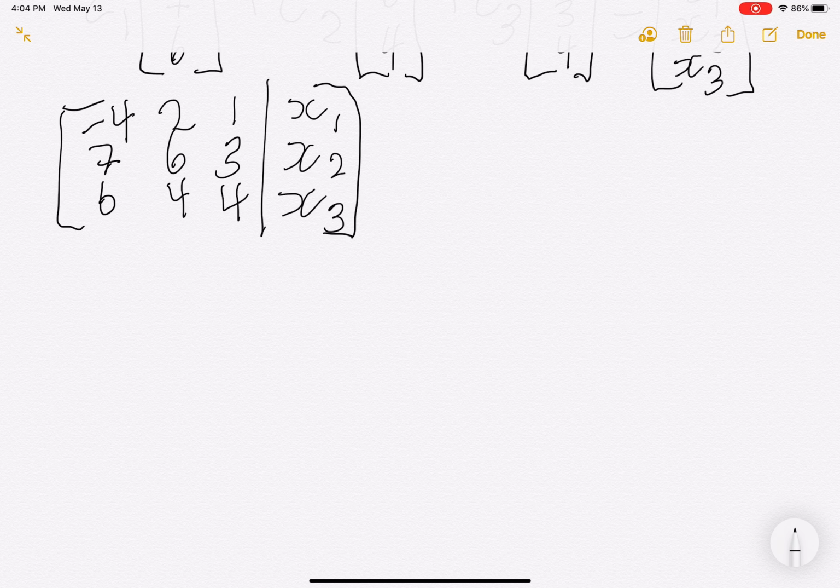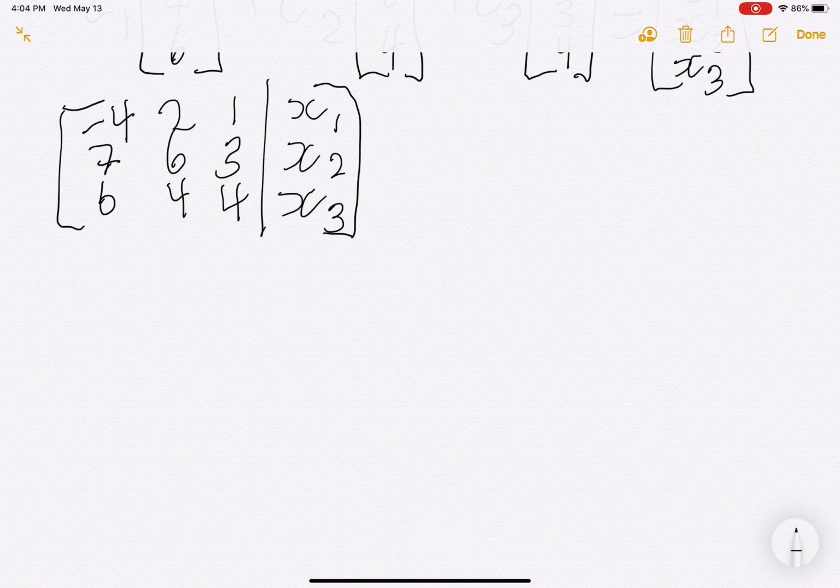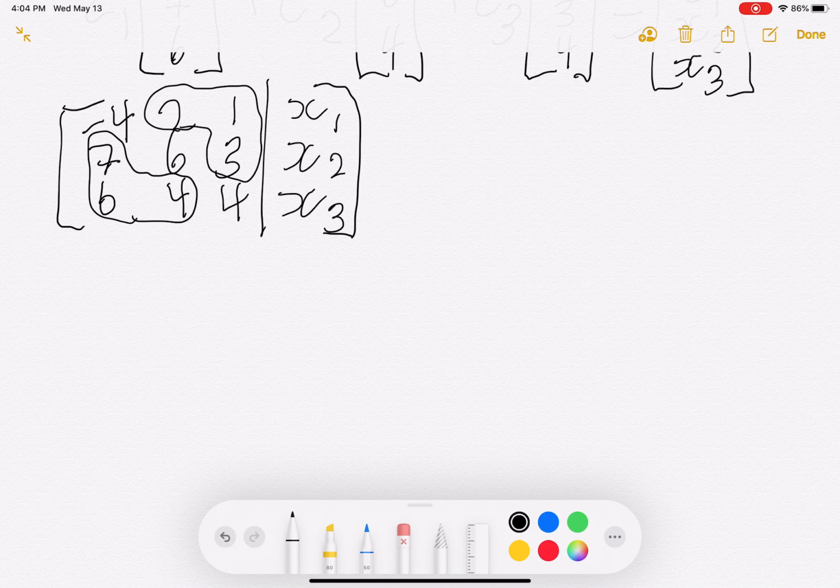So essentially, we want to convert this now into reduced row echelon form. So the diagonal values have to be all ones, while the values above those ones, or better called pivots, have to be 0.